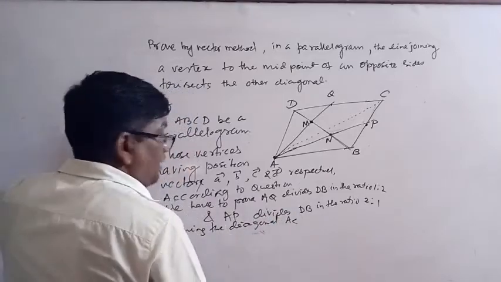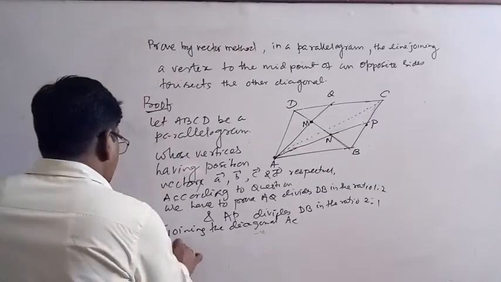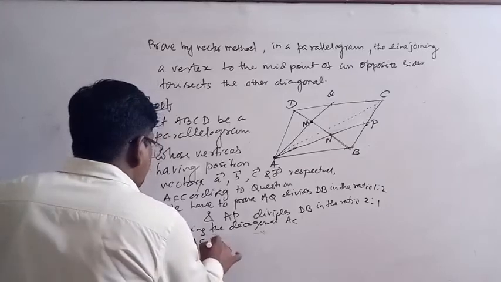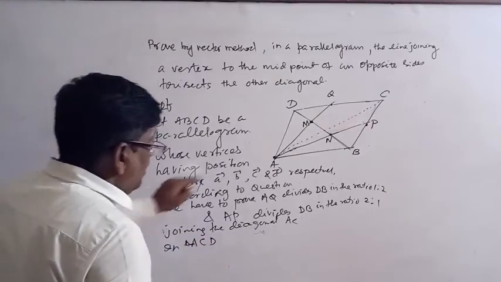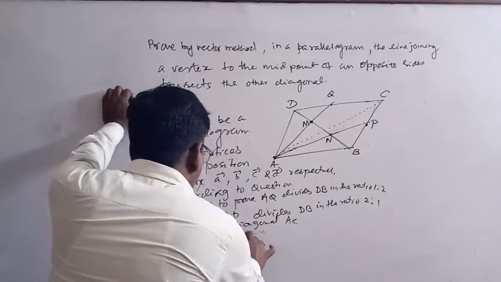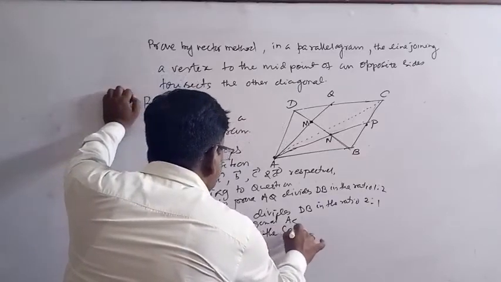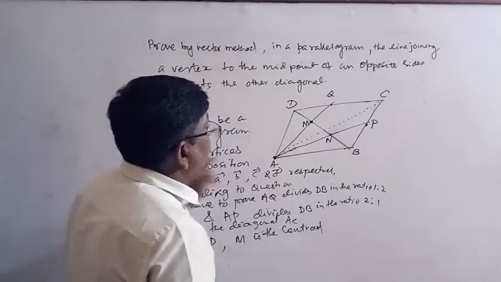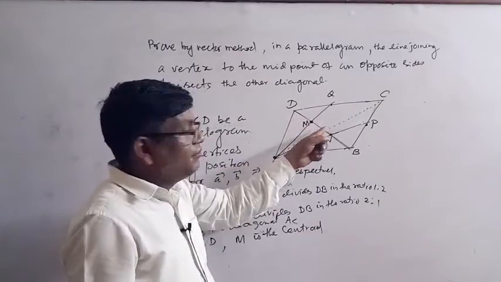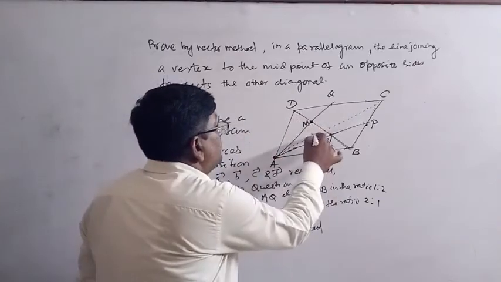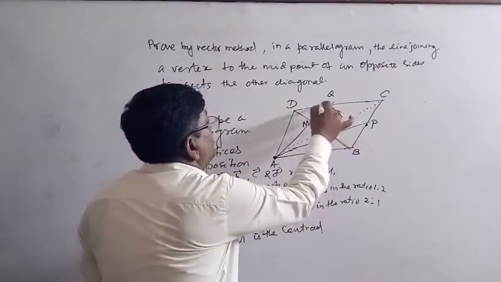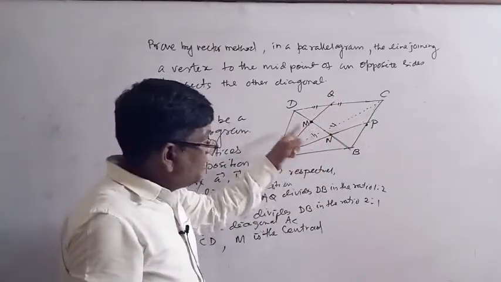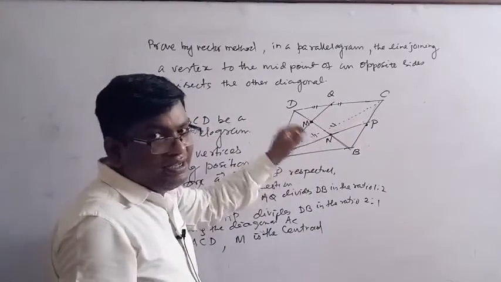Now in triangle ACD, M is the centroid. Why? Because we know the diagonals of a parallelogram bisect each other, so this is equal to this and this is equal to this. So M is the point of intersection of medians, so it is the centroid of the triangle.